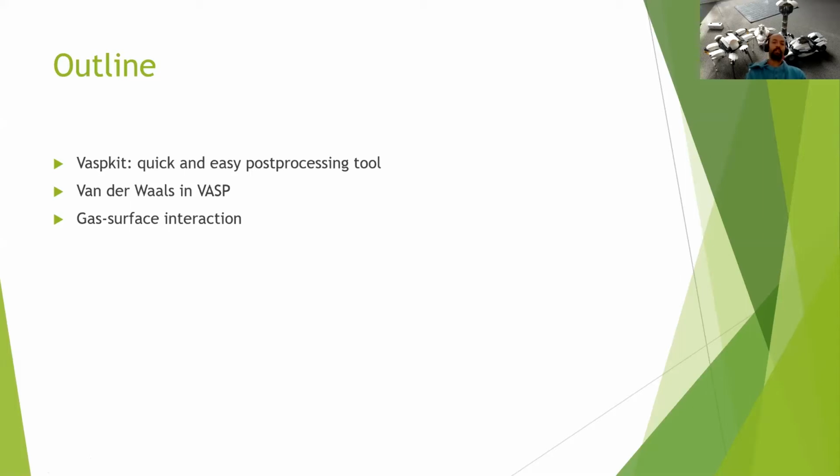I'll skip this part for this tutorial, and I would be happy to hear from you guys if you're interested in going over a defect tutorial on diamond, and then we can schedule a tutorial for that. But for now, I'll just go into details of van der Waals and gas surface interaction.